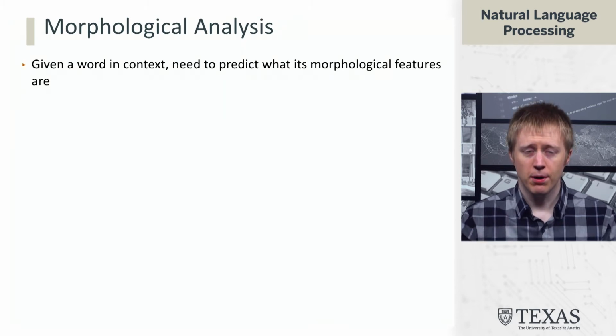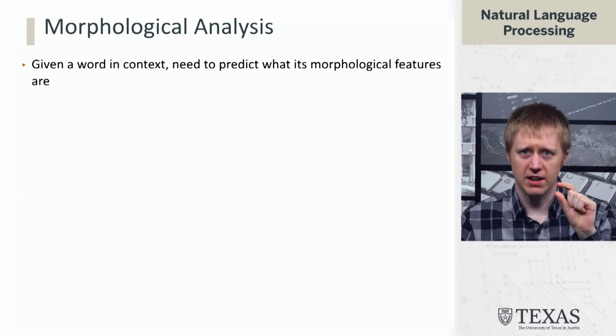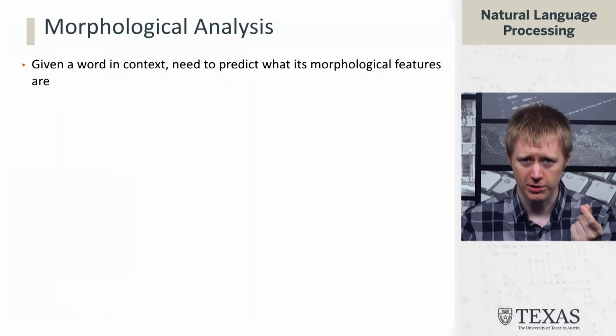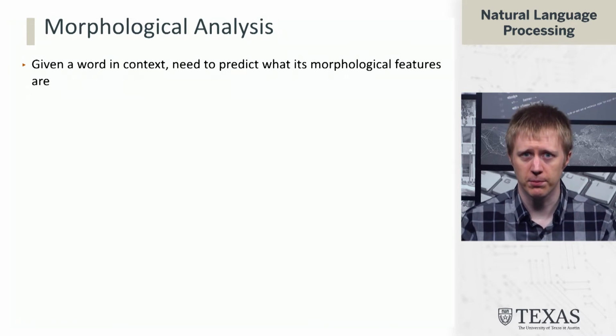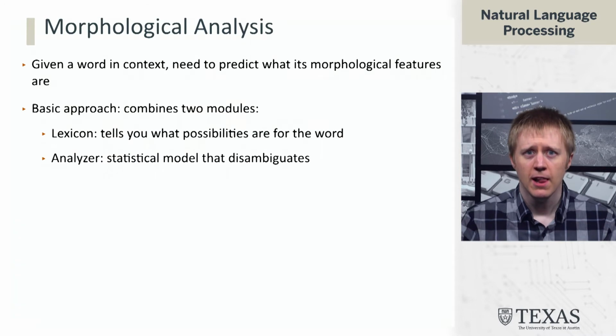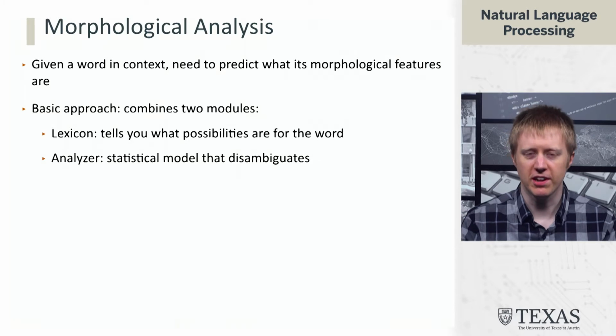All right, so the problem of morphological analysis is, given a word in context, or given a sentence like the one we just saw, to predict what the morphological features of these words are. For example, is this singular versus plural? Or is this a first person, second person, or third person form of this verb? The typical way people do this for languages where we have a lot of information is to first have what's called a lexicon, where someone has essentially downloaded all of Wiktionary.